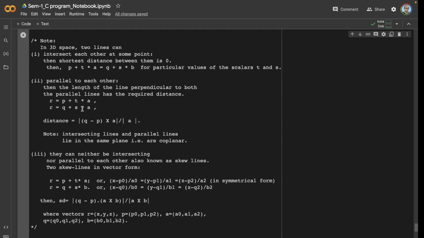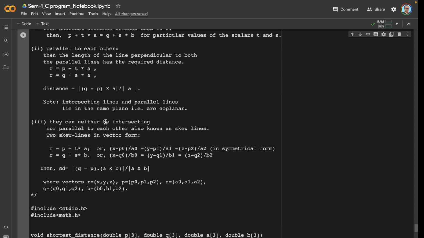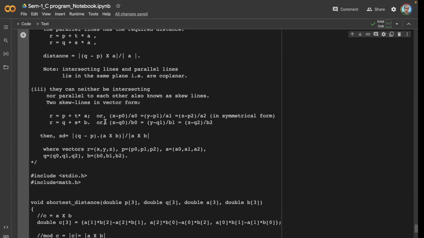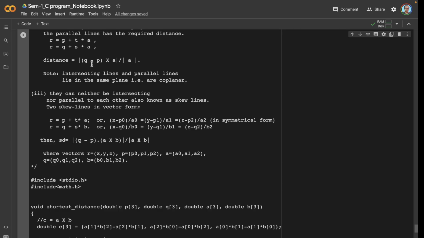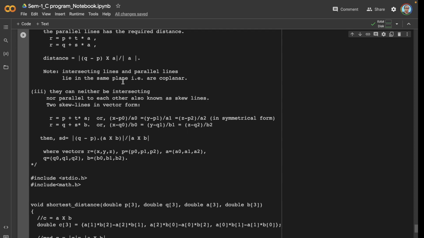Then we say these two straight lines are parallel, and the distance between them is given by the formula: modulus of q vector minus p vector cross a vector, divided by modulus of a vector. Intersecting straight lines and parallel straight lines lie in the same plane, that is, they are coplanar. So for intersecting straight lines the distance is 0, but for parallel straight lines the distance is this. But both are coplanar.